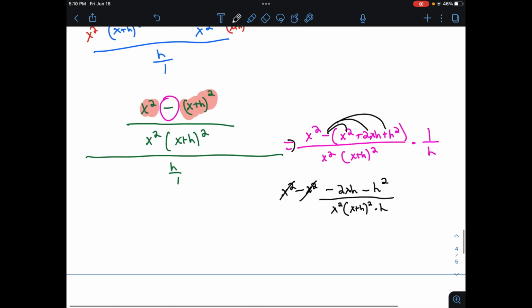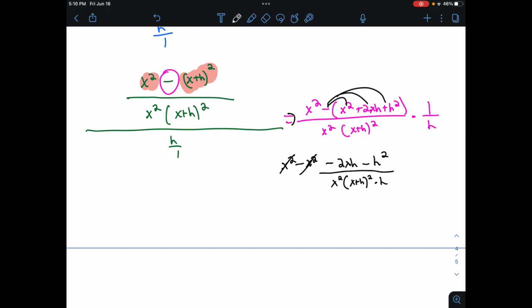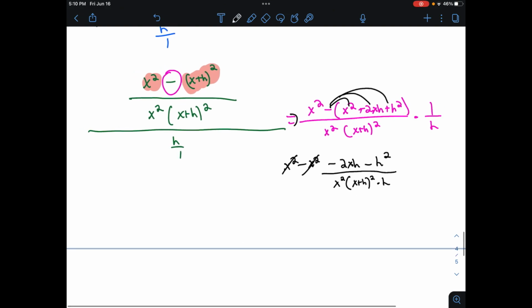Beautiful. In the numerator, I have a common factor of h. I could cancel it right now if I'm clever. If I wanted to be really safe, I could factor it out first, so I could be like h times negative 2x minus h all over x squared, x plus h squared times h. Great. Either way, I'm canceling my common factor of h, leaving me with my final answer.